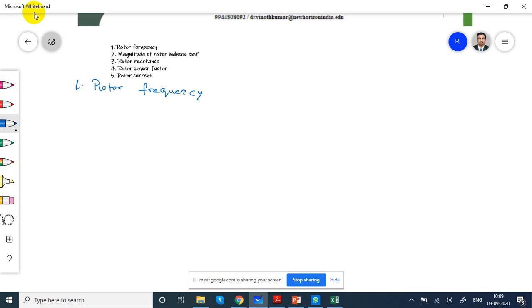Normally, before going to the rotor frequency, we are going to set the notations. So when you give the supply to the stator, the rotor starts running. Before it starts running, it will be at standstill.